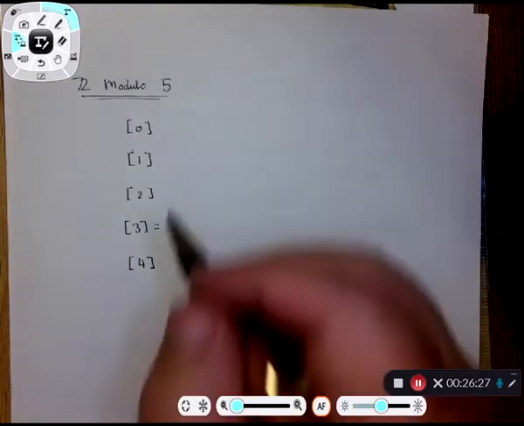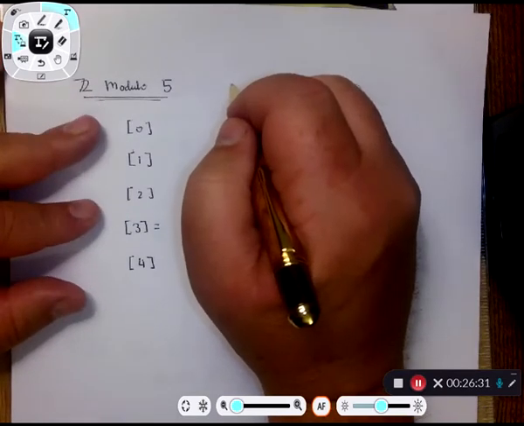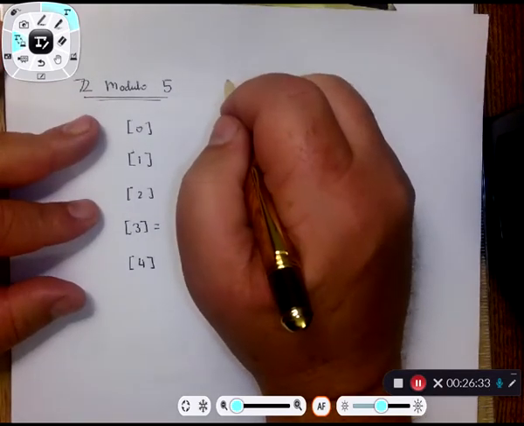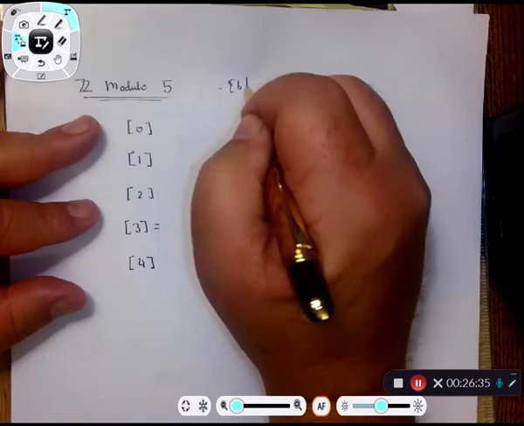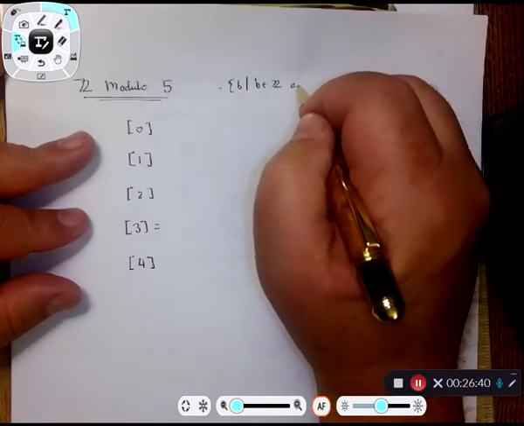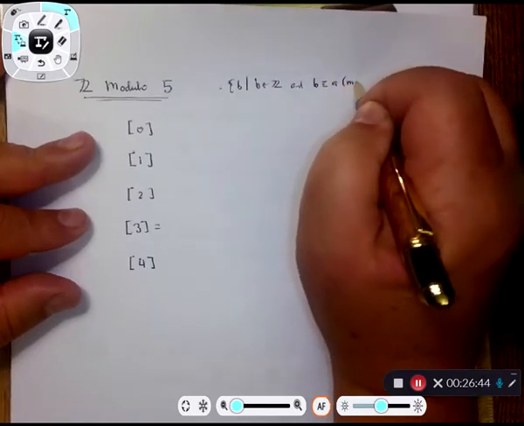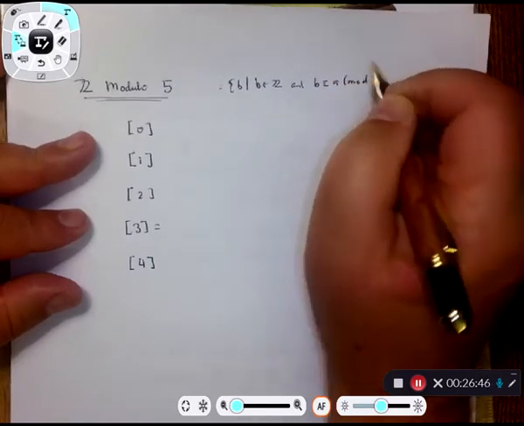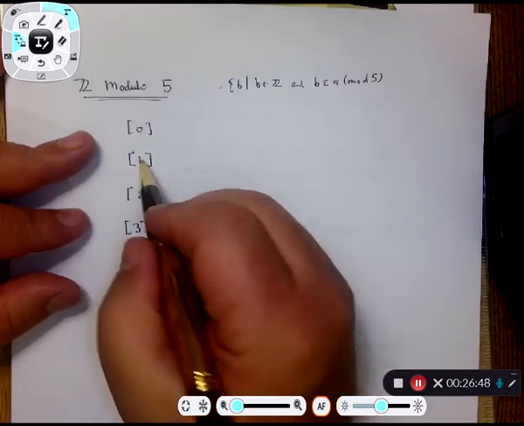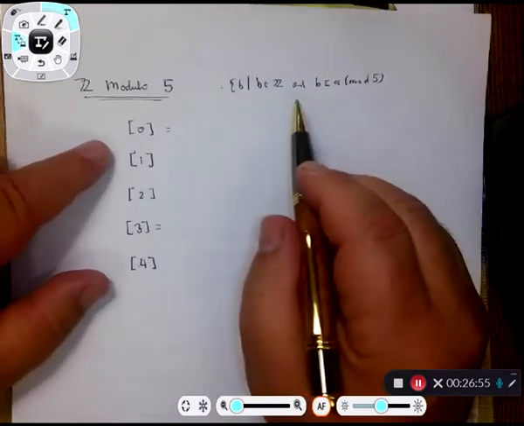So remember, in Z mod 5, it's the set of B such that B is an integer and B is congruent to A mod 5. And these A's are 0, 1, 2, 3, and 4. So I'll look at these. These are my A's.